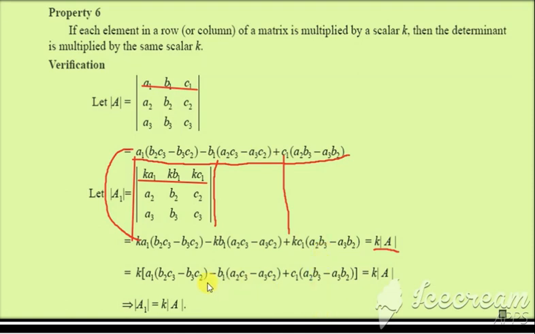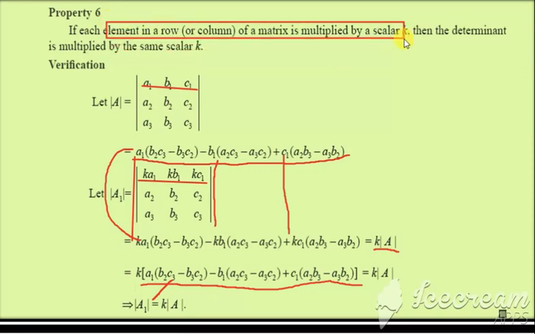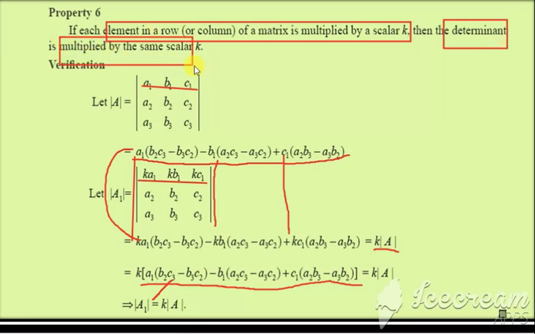So what you'll get? k into determinant of A. So what does property 6 say? If each element of a row or column is multiplied by a scalar k, what is the answer? The scalar multiple of the determinant of A is the answer.